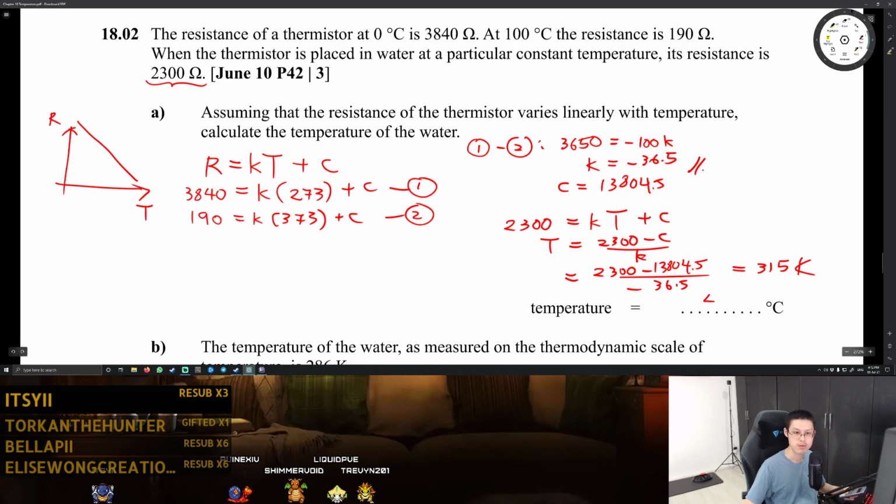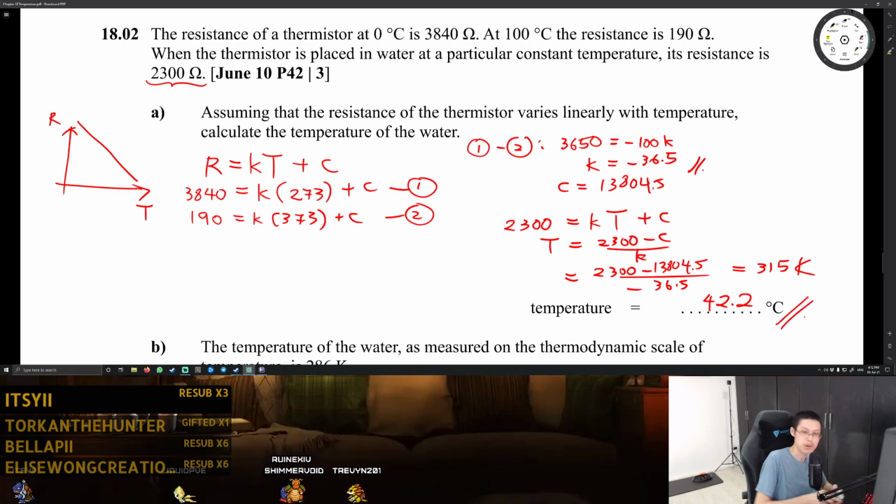We get 42.2 degrees Celsius. And that's the temperature of the water. There you go.